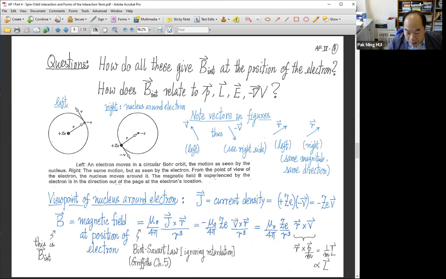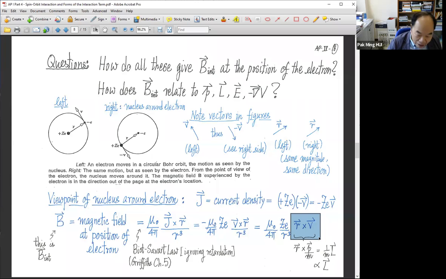And you pick up a cross product from this Biot-Savart law, and therefore you pick up V cross R with a minus sign due to this minus V. And a cross product with a minus sign, you could flip the cross product. So you have R cross V. And R cross V is R cross P divided by the mass.